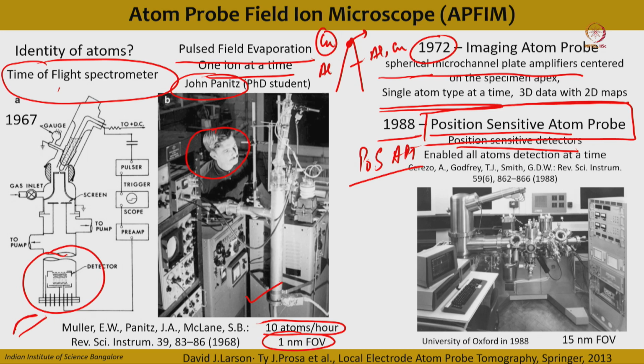Okay, position sensitive atom probe, which was developed in the 1980s by Godfrey and Smith, and this was published in a scientific instrument journal where they used position sensitive detectors, and the problem of single atom type at a time was solved. Also the field of view was improved up to 15 nanometers. It means that in a particular tip from this region, you can detect both aluminum and copper at a time. Fine. So this was the development in 1988.